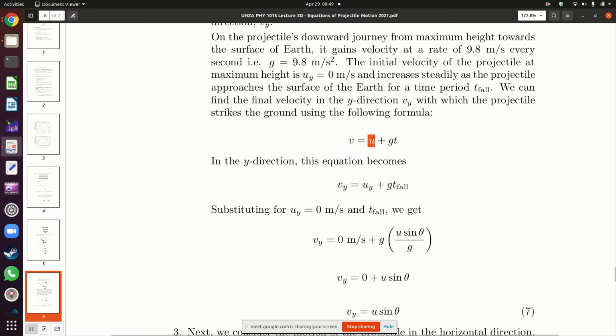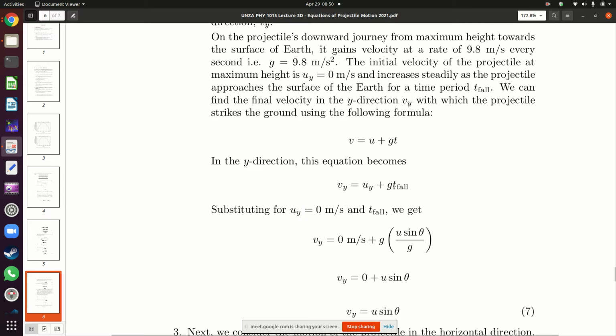V is equals to u plus gt. So in this case, you're looking for Vy. Vy, which is the final velocity with which the projectile hits the ground in the y direction, is going to be equals to uy plus gt4. Now uy is 0 meters per second because it's coming from maximum height, and at maximum height the velocity is 0 meters per second.